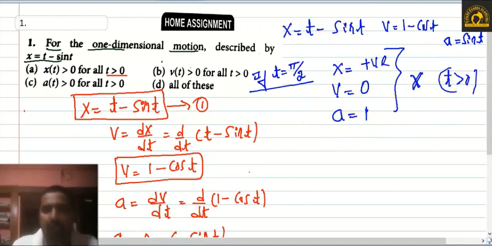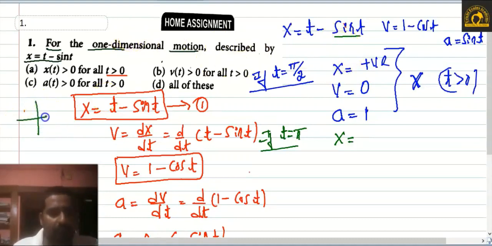Then let's take another value. If t is equal to pi, what about x? What is sine 180? 180 means it is in the second quadrant, so sine is positive.